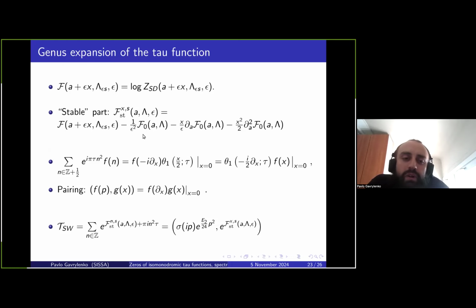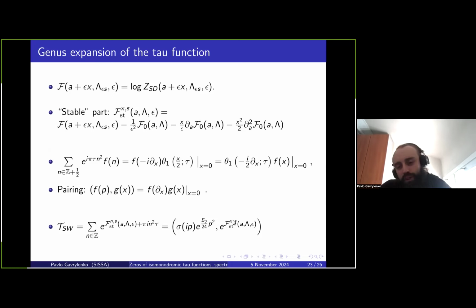So the idea is the following: if you want to take this theta-like series, we need to expand the sum as a series in n up to the second order, because it is the first term which is regular in epsilon, and then say that everything else is a correction.